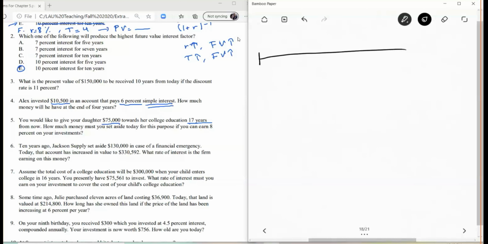So here, this is at year 9, you've invested $300 at 4.5%. Your investment is now worth $756.